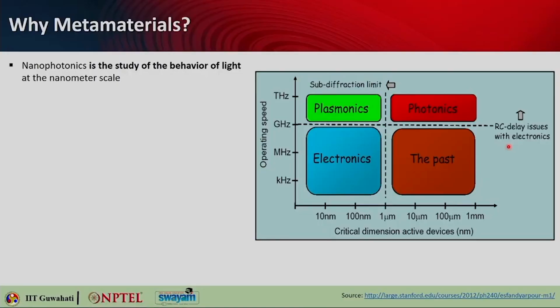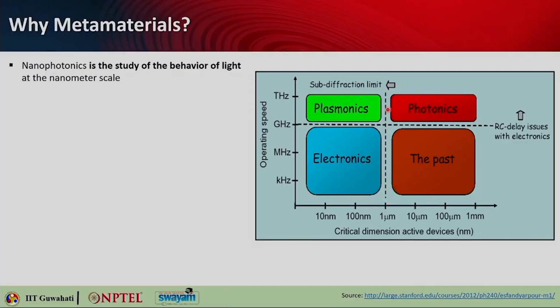Dielectric photonics can break this speed barrier and bring terahertz speed on the bench, but then there are problems with dielectric photonics towards the miniaturization of the circuit, and that is a fundamental limit called the diffraction limit of light.